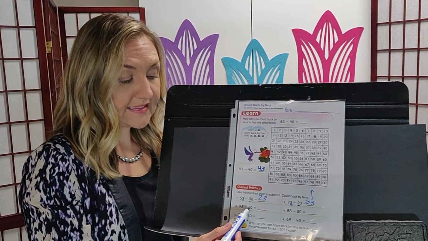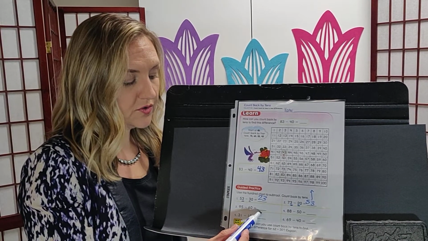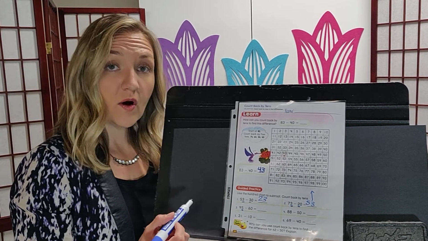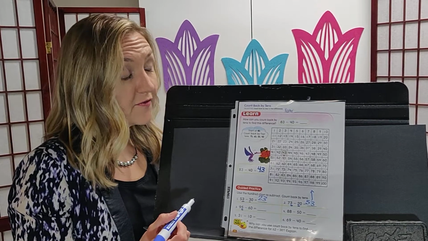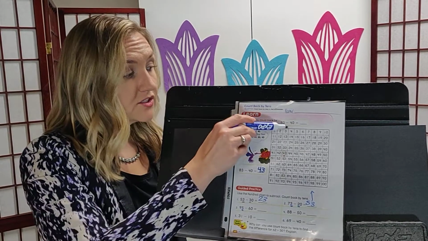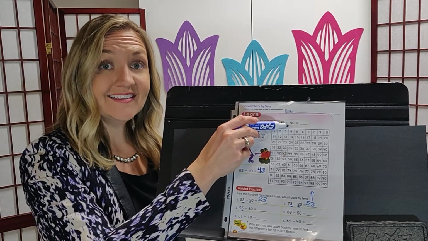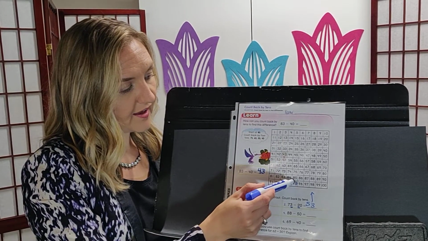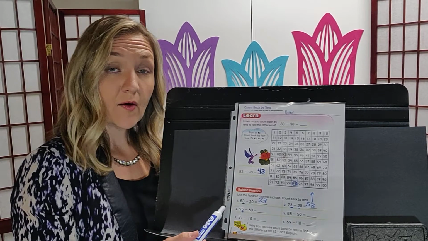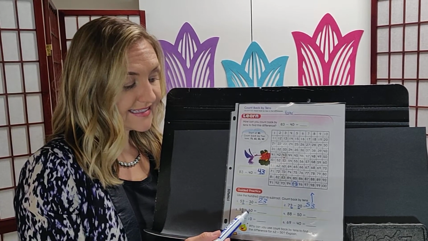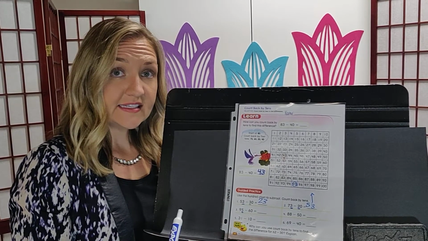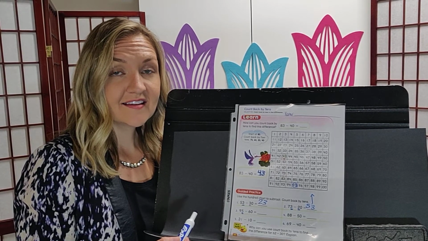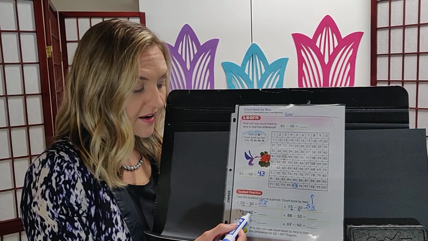95 minus 60 is equal to, 95 has a 5 in the ones place value. So let's go to our fives column and scoot down until we find 95. Here's 95. Now we're going to subtract 60. 60 is the same as how many groups of 10? 6 groups of 10.